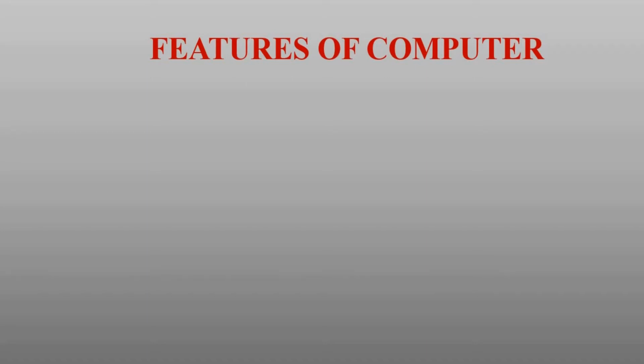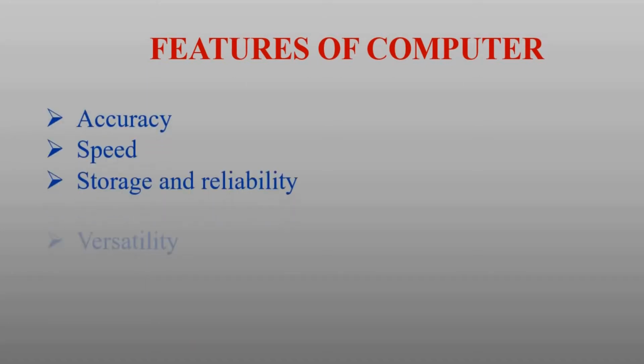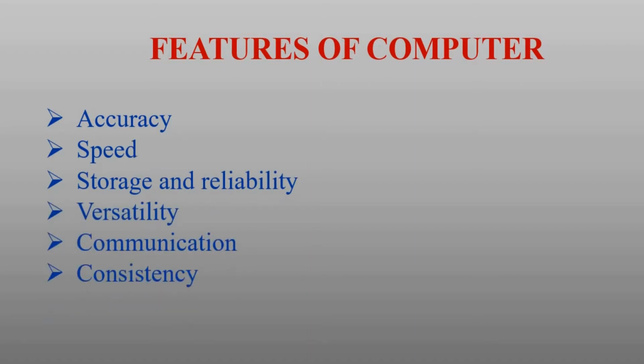This storage prevents you from keeping large piles of papers for important documents, right? And you can rely on that storage to get your information anytime, right? The communication between your computers can help you to share the information, right? So these are all the main features of a computer.